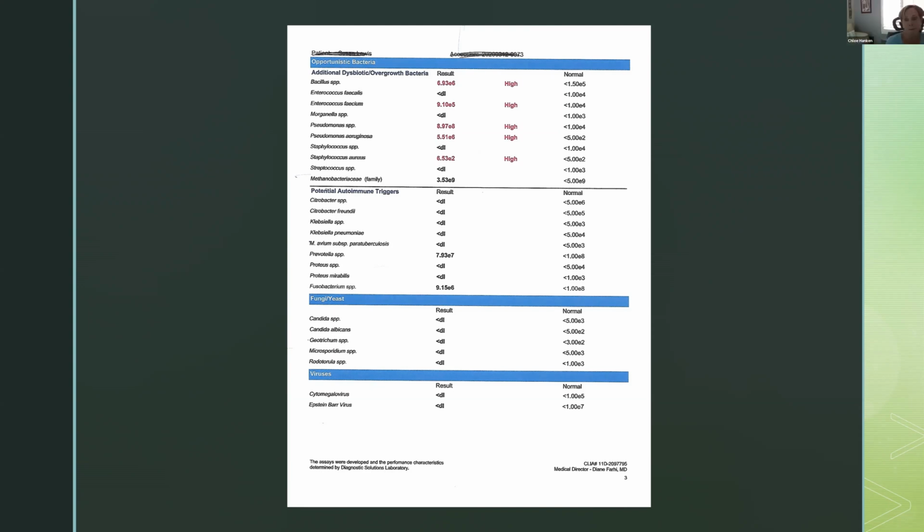Then further, it's looking at potential autoimmune triggers. There are studies now that show the presence of certain bacteria that is seen through these test results can show that one is prone to a certain kind of chronic disease. Like, for example, over here we see Prevotella.